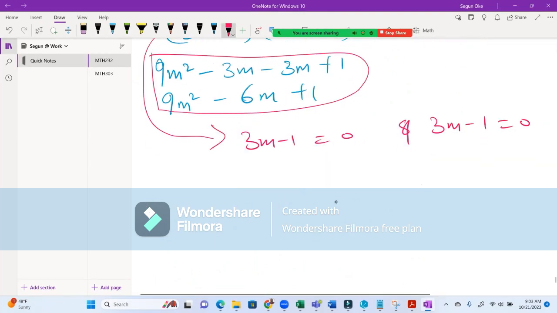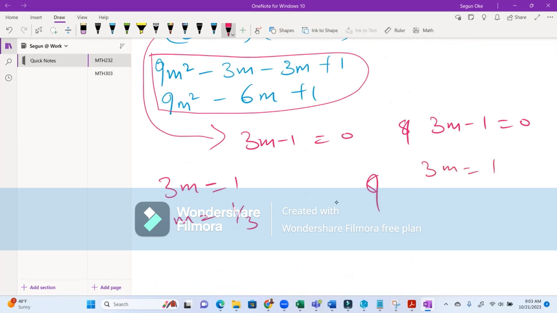Right. So it's going to be 3m equals 1, m equals 1 all over 3. And if you do this one there, 3m equals 1, m equals 1 all over 3. Since we have repeated real roots, it's going to be C1 e^(mx) plus C2 e^(mx) ln x.